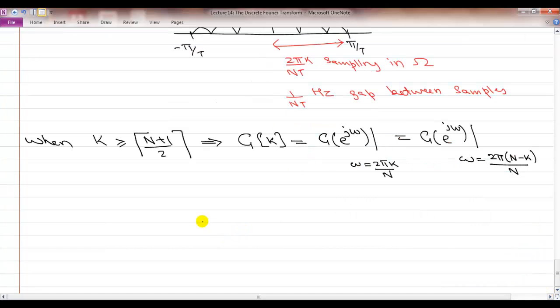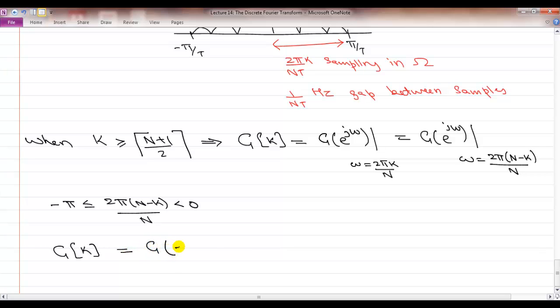Okay. Now, if you do that, then you will see that the range of 2 pi N minus k over N is between minus pi and 0. So now you can safely relate the continuous time Fourier transform to the discrete time Fourier transform. So in this range, we can just plug in the formula for the DTFT and CTFT relationship.